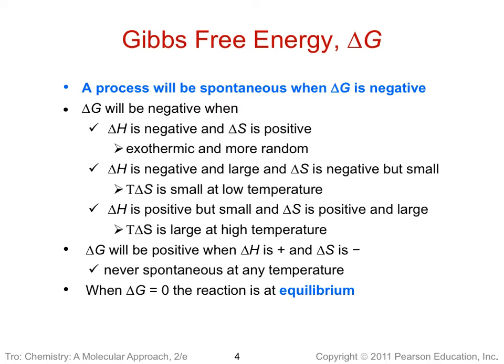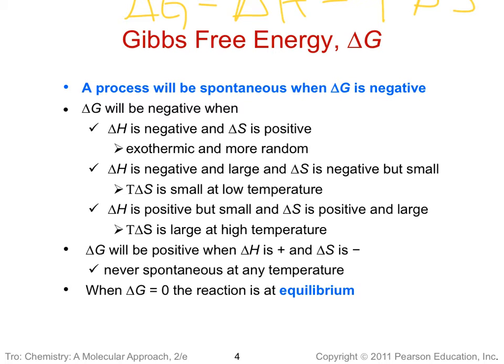Delta G will be negative if delta H is negative and delta S is positive. Again, the equation I just wrote at the top: delta G equals delta H minus T delta S. If delta H is negative and delta S is positive, then you always return a negative.